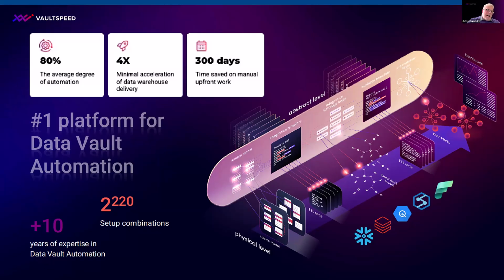So what is VaultSpeed? It's a SaaS-based platform that helps agile teams deliver production-ready Data Vault pipelines faster, complete with full automation, governance, and documentation. And the best part, it's managed through a clean drag and drop interface. VaultSpeed automates the entire life cycle. That includes delta generation.